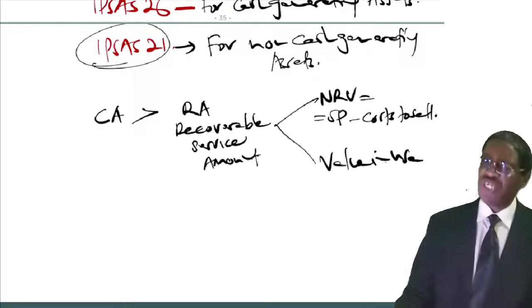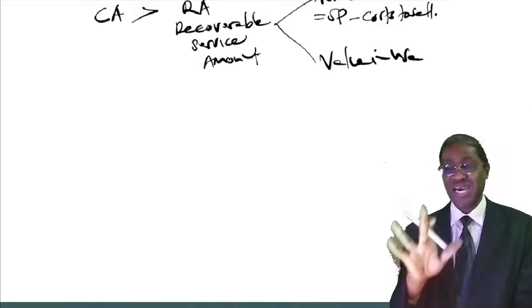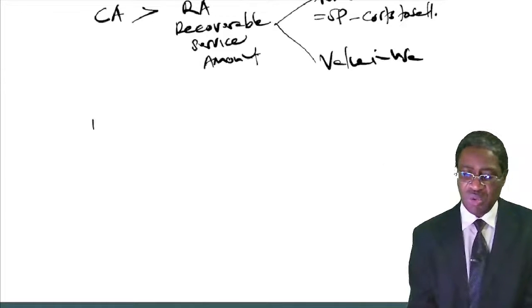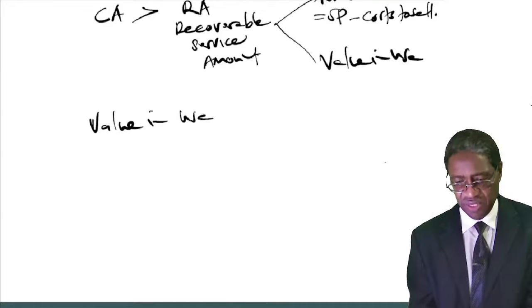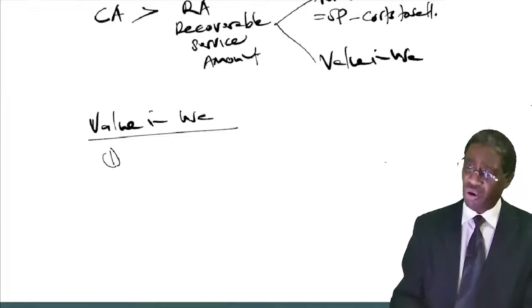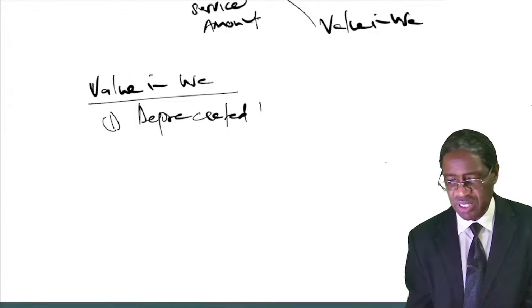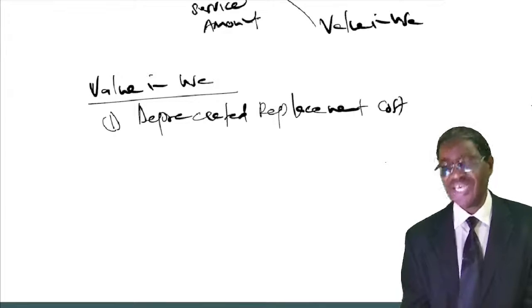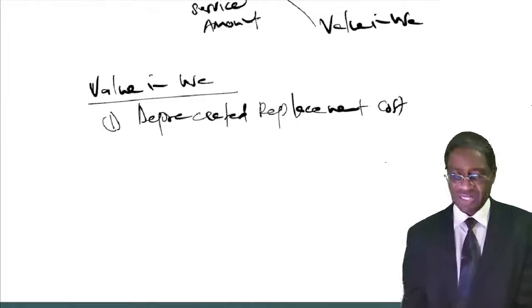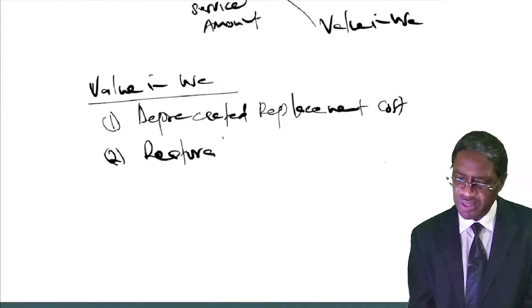According to this accounting standard, there are three methods of computing the value in use. One method is what we shall be calling depreciated replacement cost. The second method is the restoration cost method.